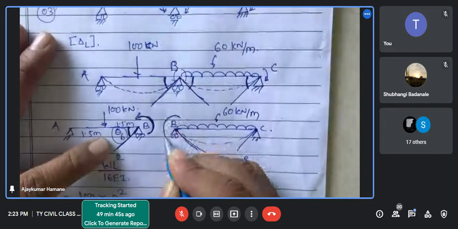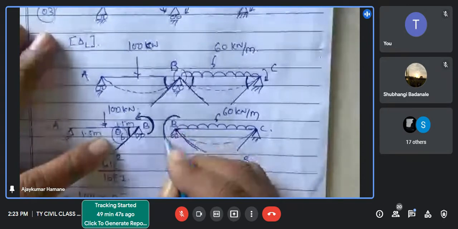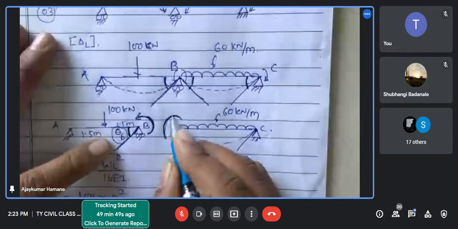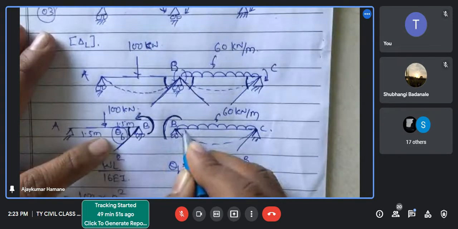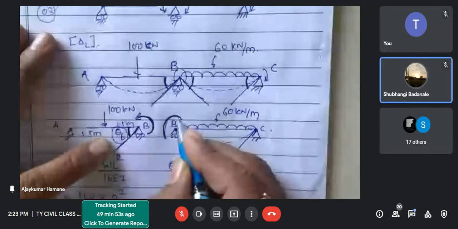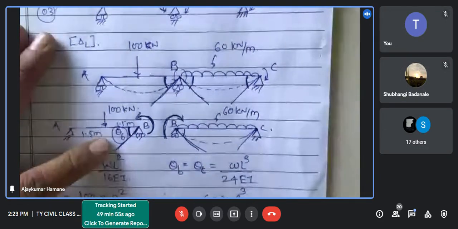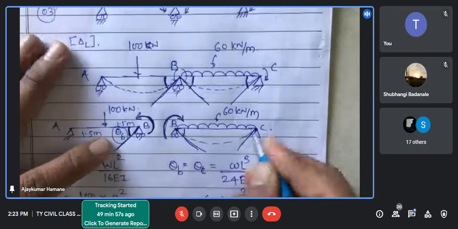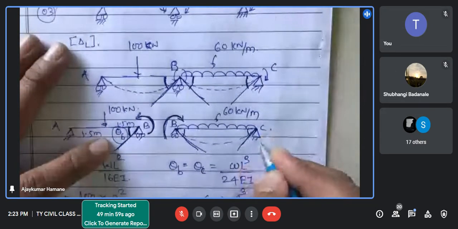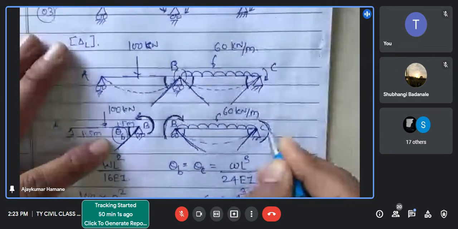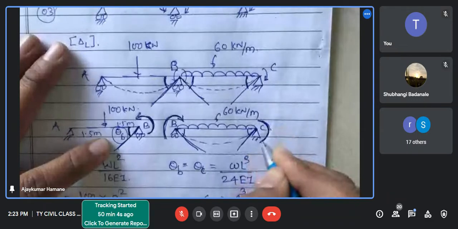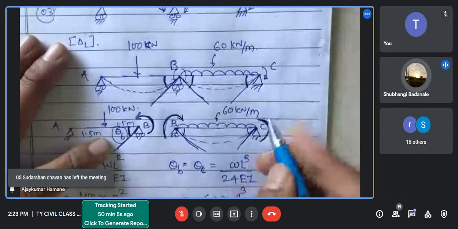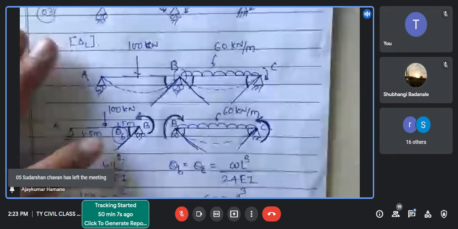Here, to get the downward slope, what should be the moment? Clockwise. Here, if you want a downward slope, what is the moment? Anti-clockwise. Correct.